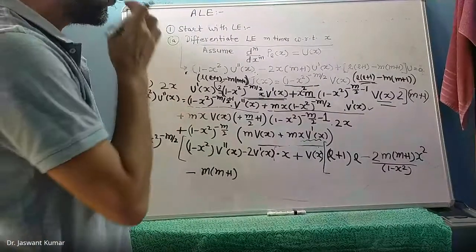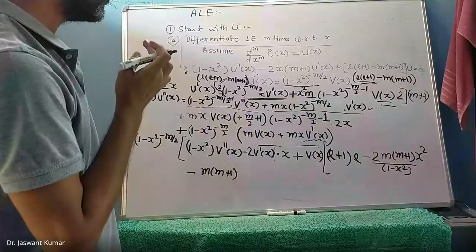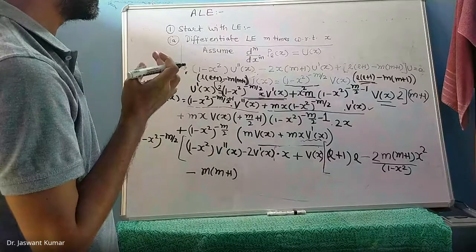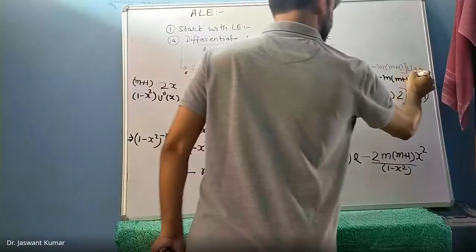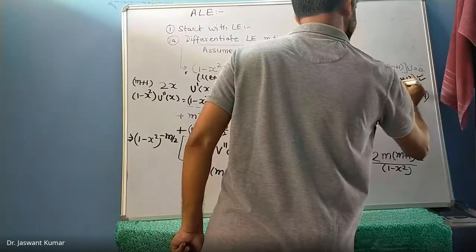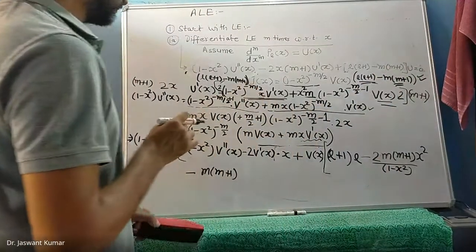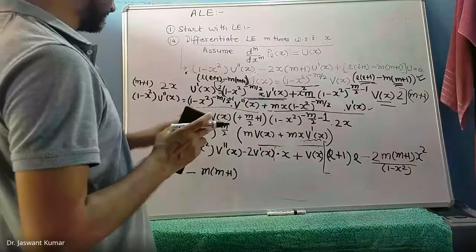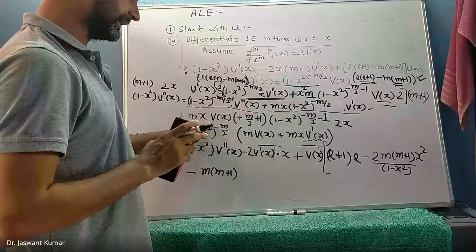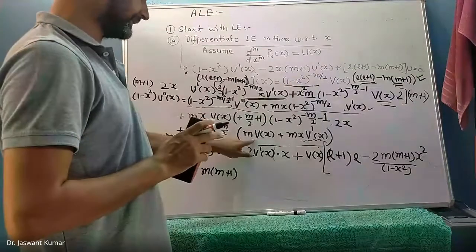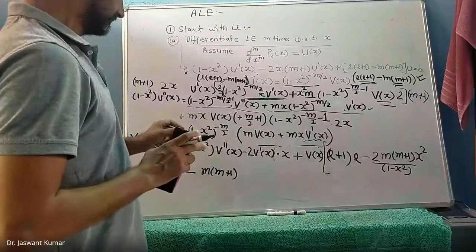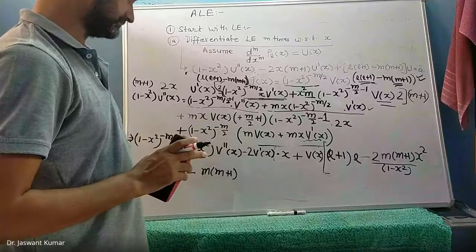Okay, and then, okay, so this guy is done. This power is now done, and now the only remaining v of x terms are the term over here and the term over here. So let us write this term.